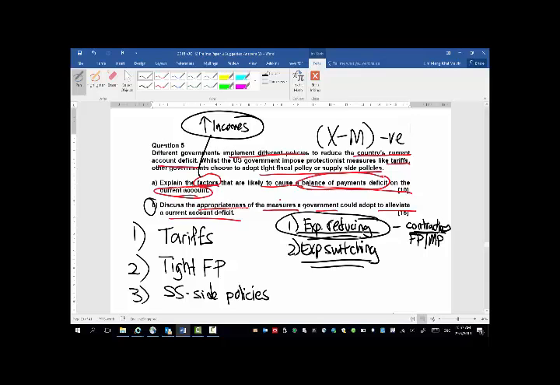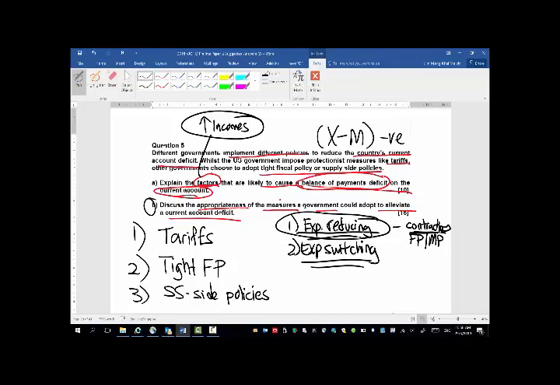And what happens when there's a contractionary effect on the economy? Your incomes reduce. Your income level will reduce. Or it will slower the extent of the increase, depending on how you want to position it. Understand what I mean? So that's definitely one limitation that you want to pick up and you want to highlight.